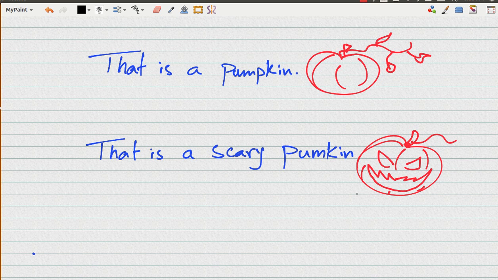More examples. Let's say I want to say that there's a pumpkin over there. I'm going to say that that is a pumpkin. So in Arabic, one word for pumpkin is, can you read this? يقطينة.